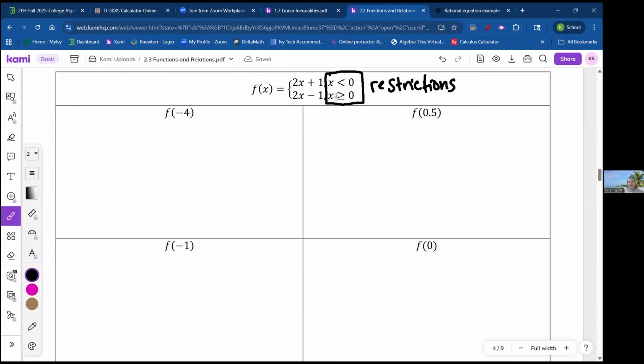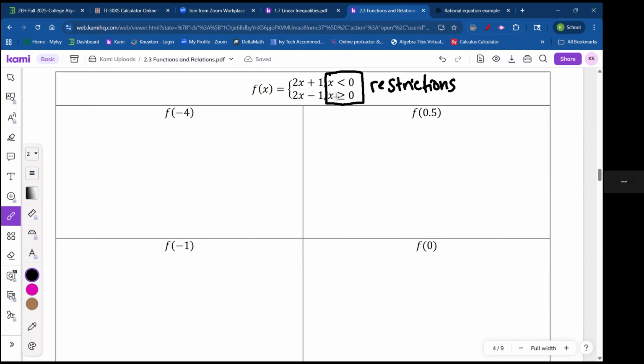Your job is to find out which restriction fits your x value, so you pick that equation. So how about when x is -4? If x is -4, is it less than 0 or greater than or equal to 0? Less than.